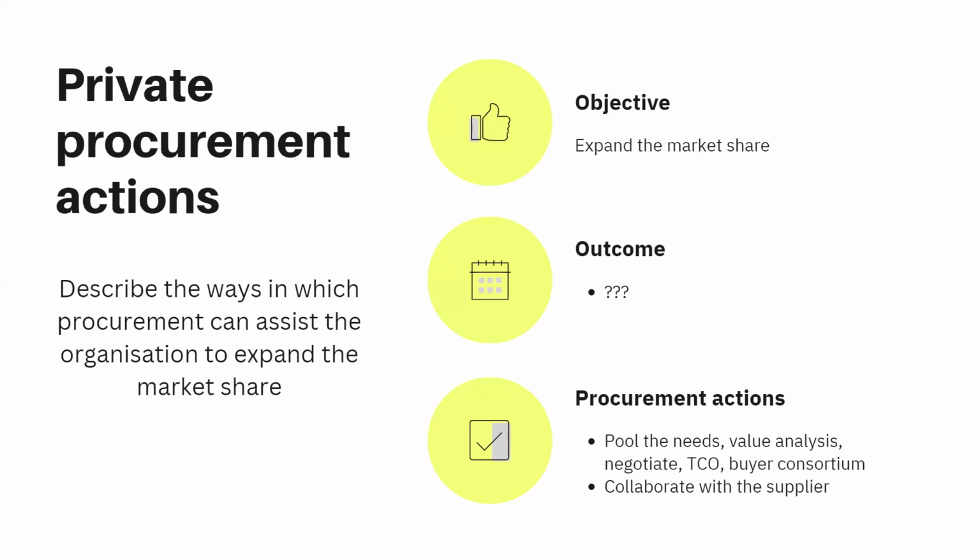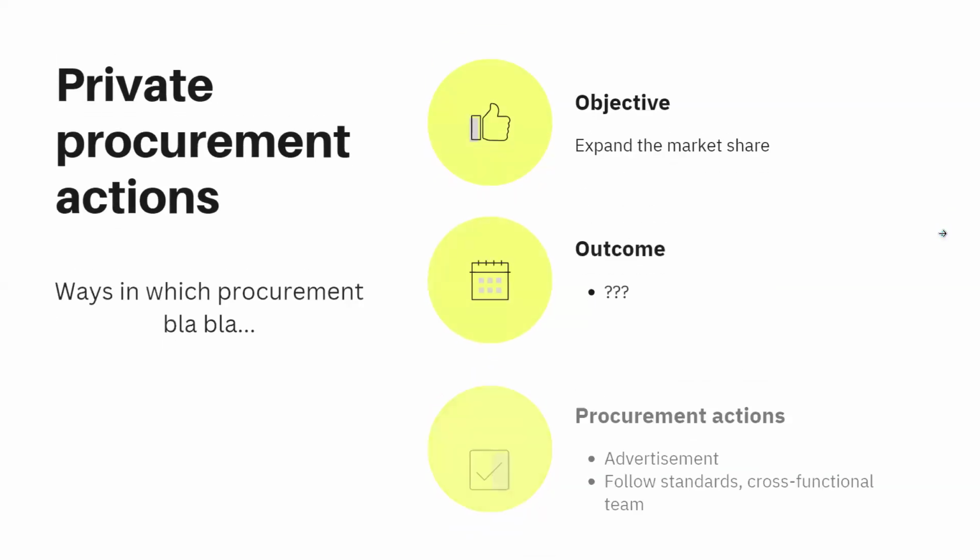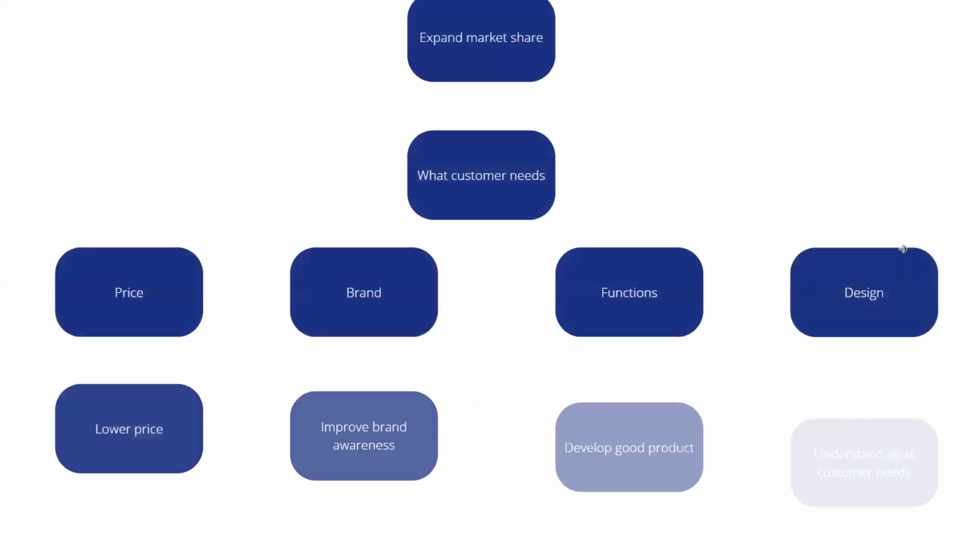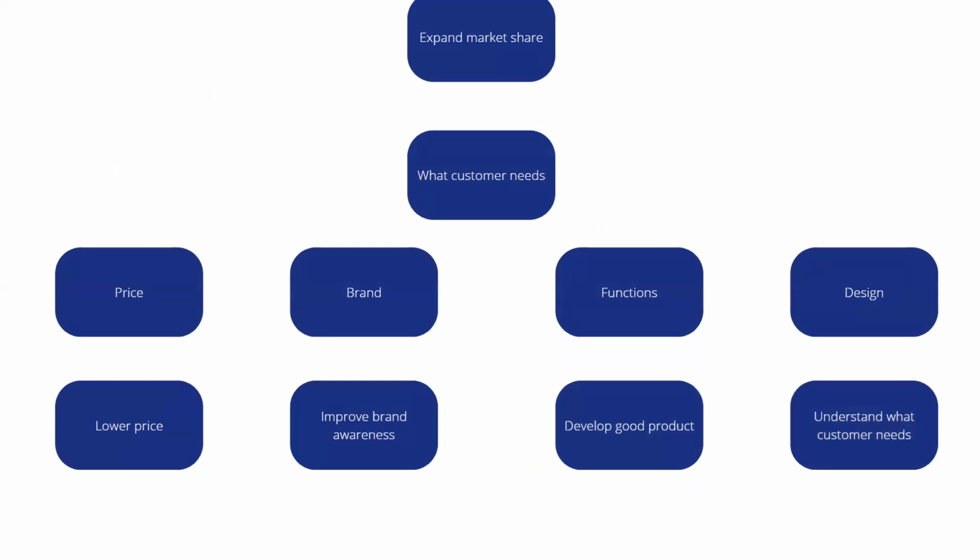For example, the objective of expanding market share may involve some action like, we need to analyze, sorry, to perform value analysis, negotiation, etc. There's one way that you may try to generate the ideas for your answer.